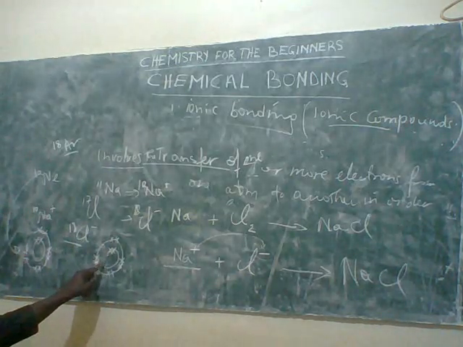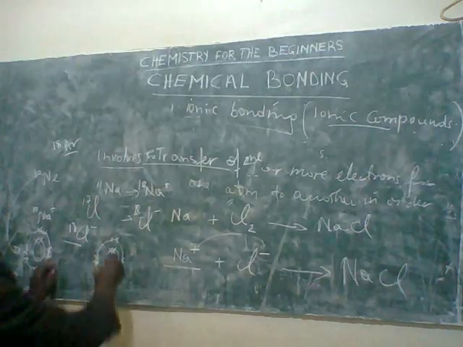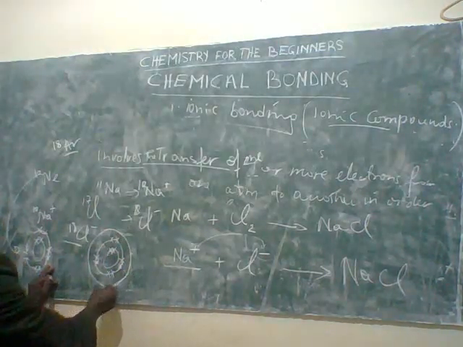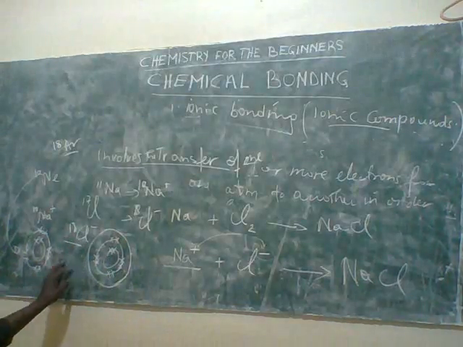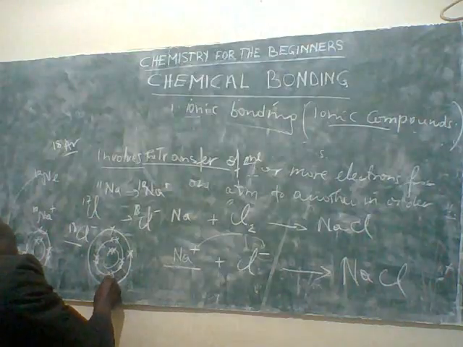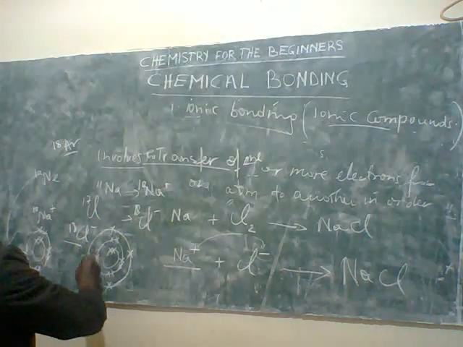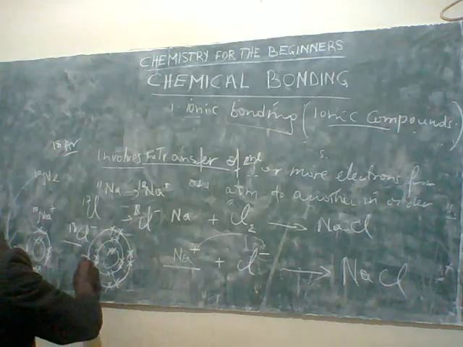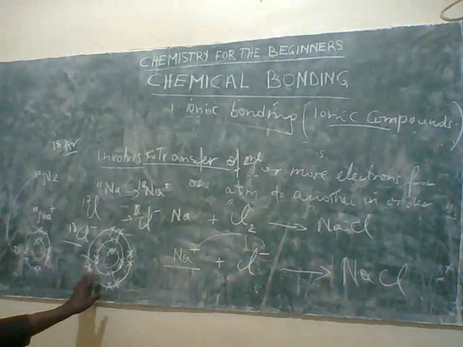It is no longer sodium. We are going to add another shell here, and then we make it the chlorine ion. This is 1, 10, 11, 12, 13, 14, 15, 16, 17, and 18.